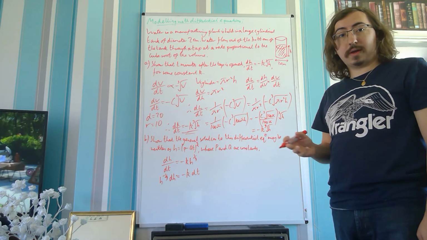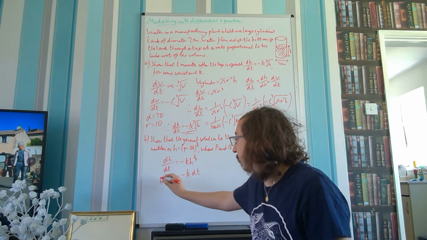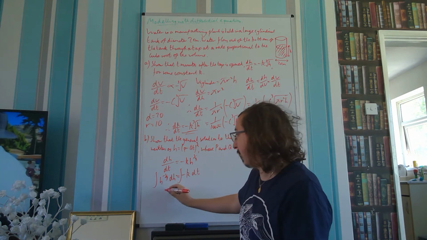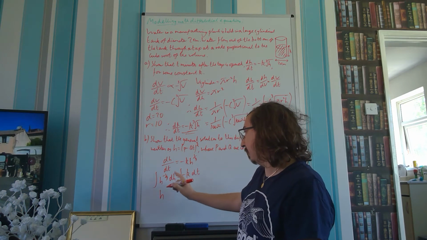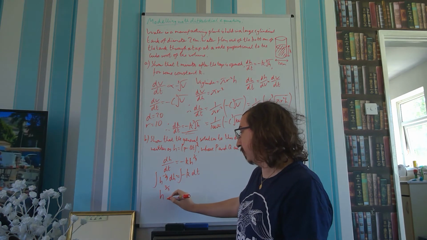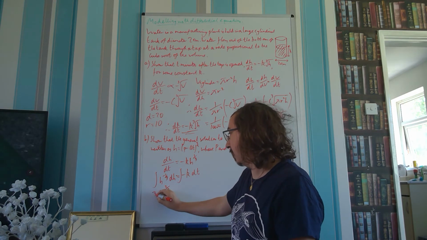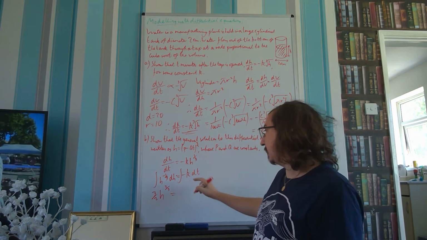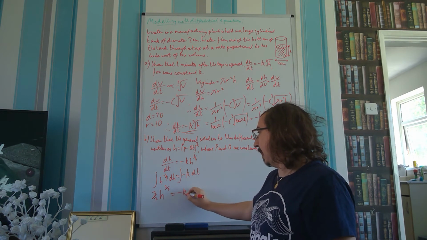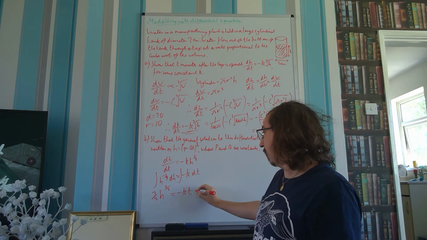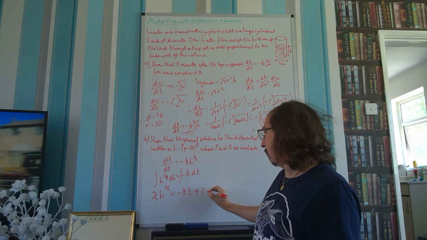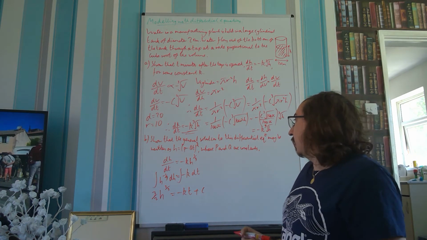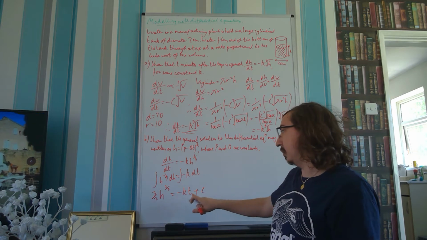Once you've separated your variables, we can integrate both sides. So h to the minus 1 over 3, when we integrate, you're going to get h raised to the power of 2 over 3 divided by 2 over 3, which is the same as multiplying by 3 over 2, is equal to minus k t plus some constant of integration c. So it's at this point we can do a slight rearrangement.